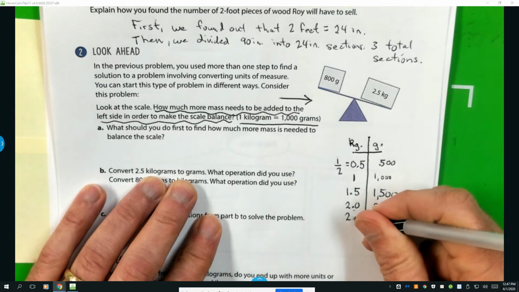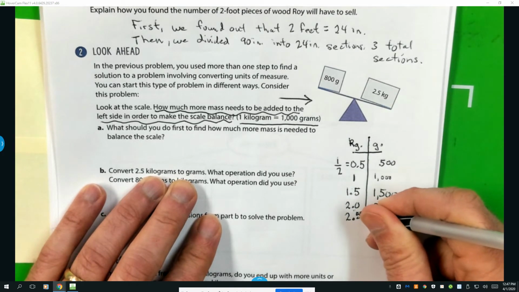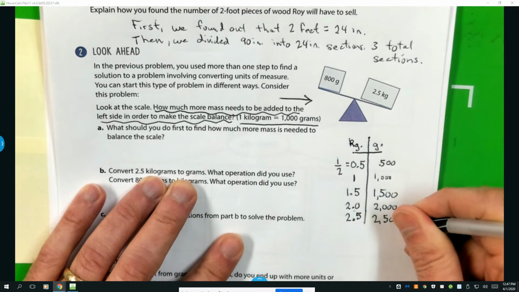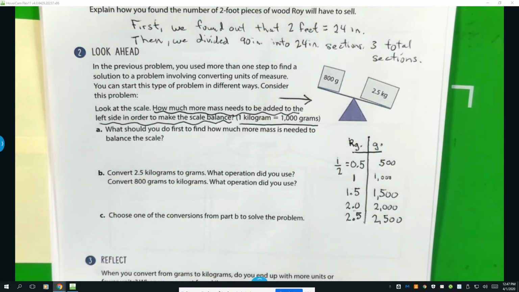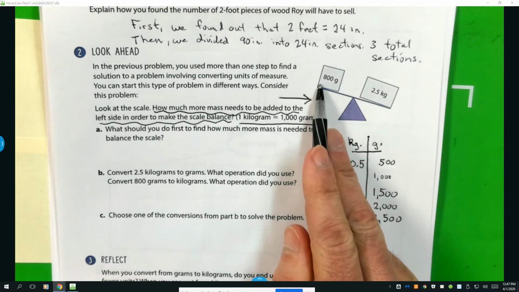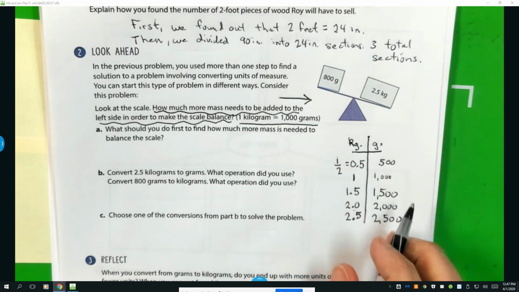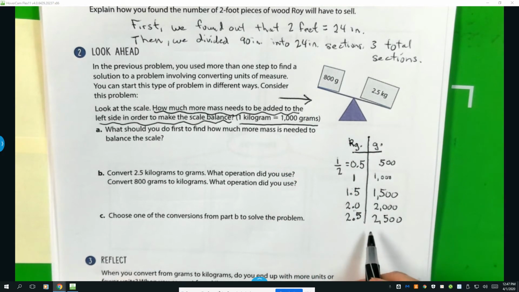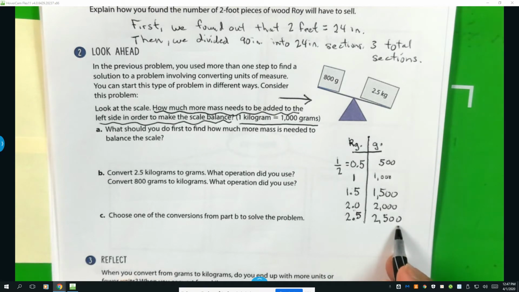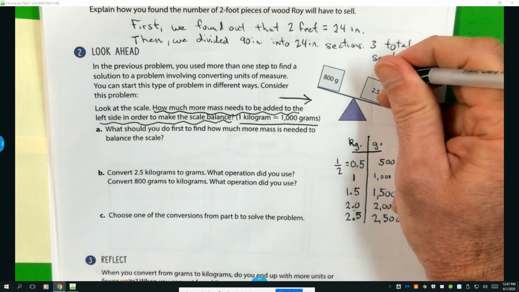And now we get to 2.5 kilograms, and that equals 2,500 grams. Now this is a really good place to start because I've got to convert one of these into the other one's unit of measurement. So for me, I'm going to just take the simple, easy way out, and I'm going to say, okay, 2.5 kilograms equals 2,500 grams.